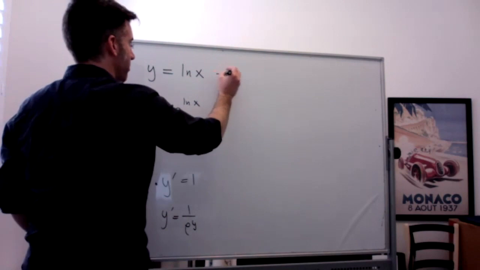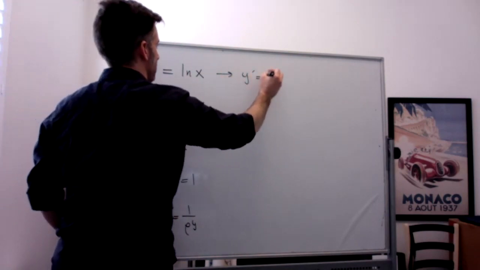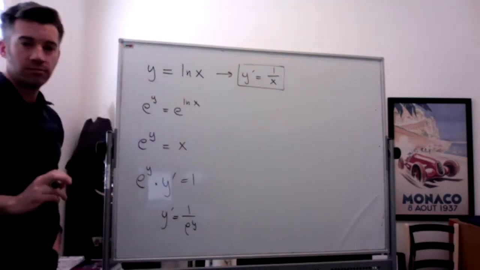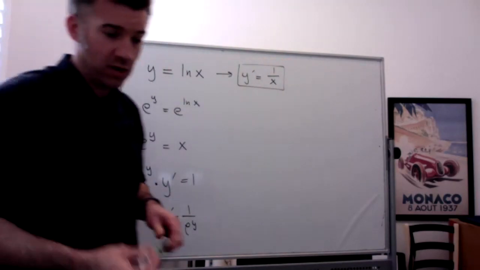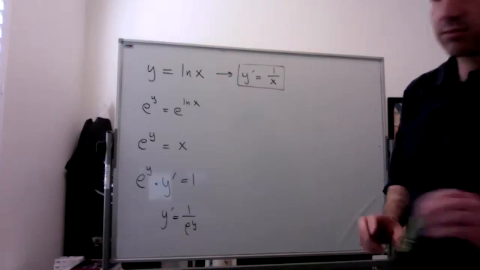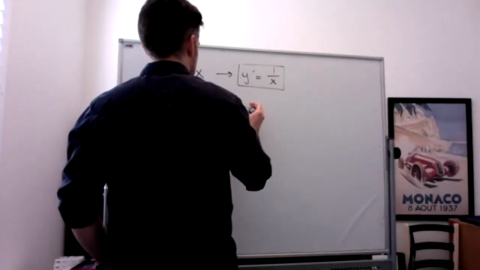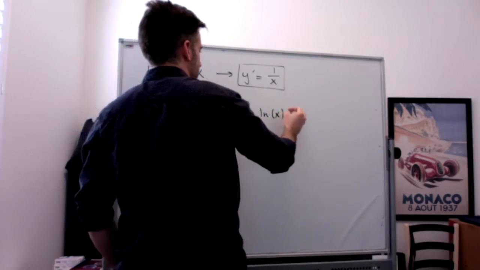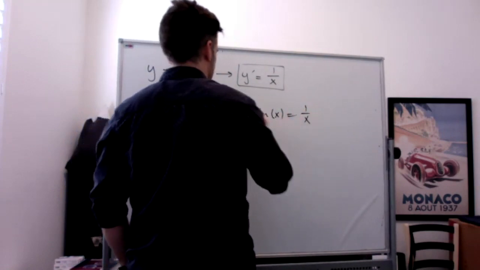So y prime is 1 over x. There's your derivative of the natural log of x. So the derivative of the natural log of x is in fact 1 over x.